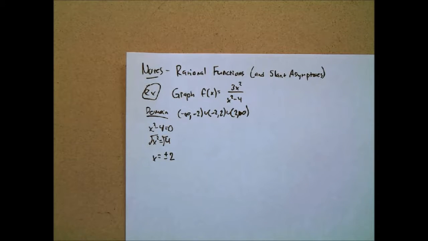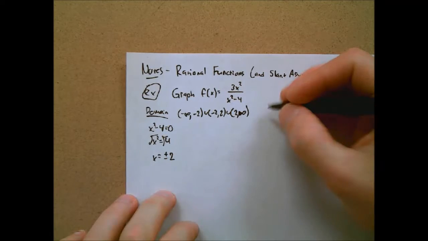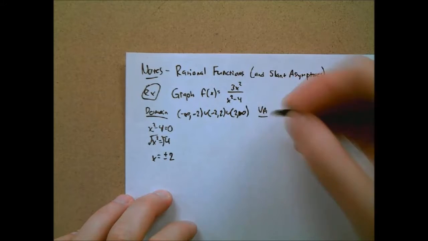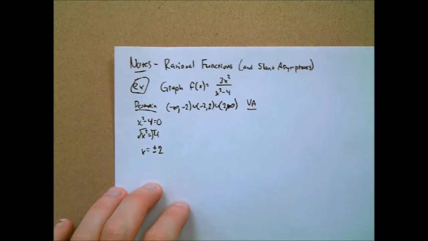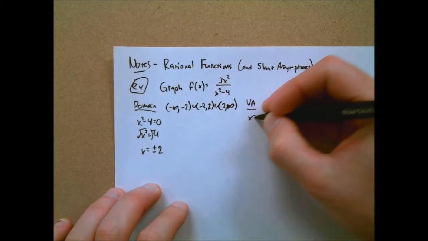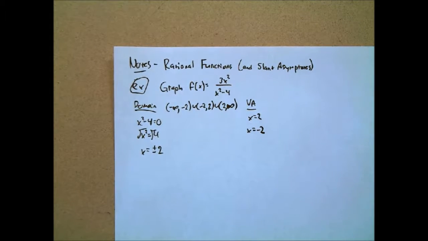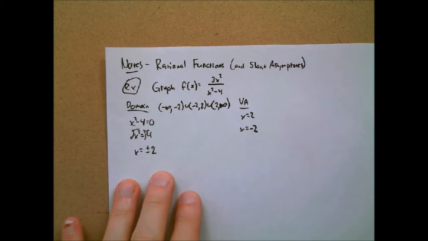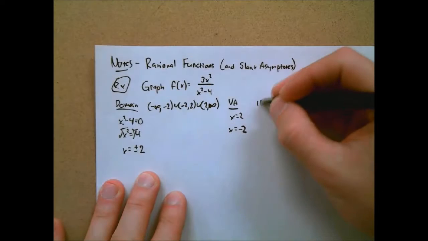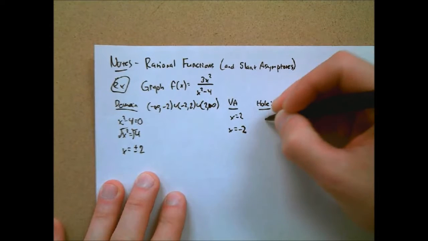Since that would be undefined, both at positive 2 and at negative 2 we have vertical asymptotes: x equals 2 and x equals negative 2. We've now classified all of our domain restrictions, so there are no holes. For holes, we'll say none, or you can just leave it blank.